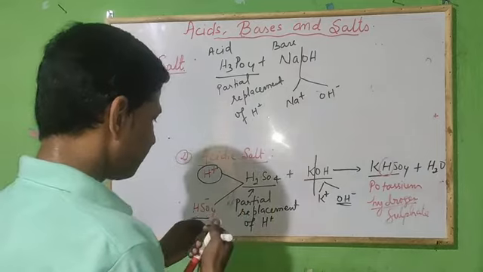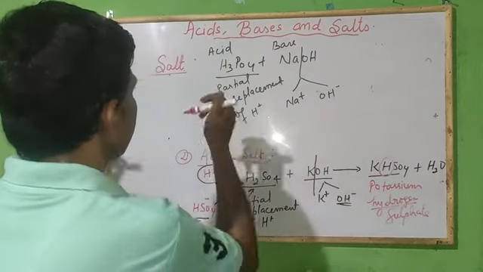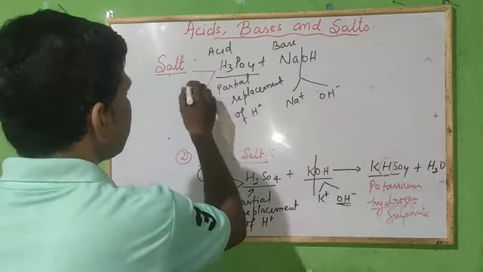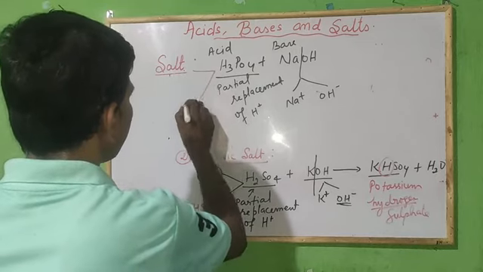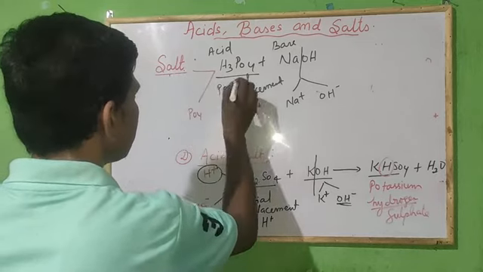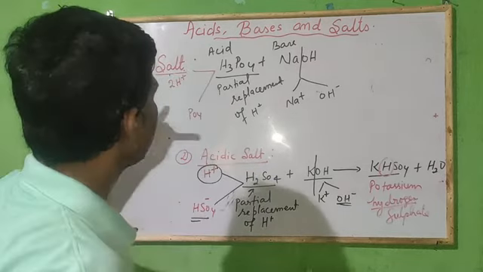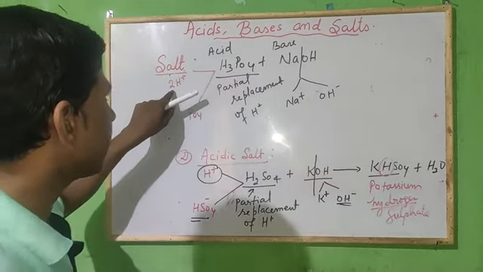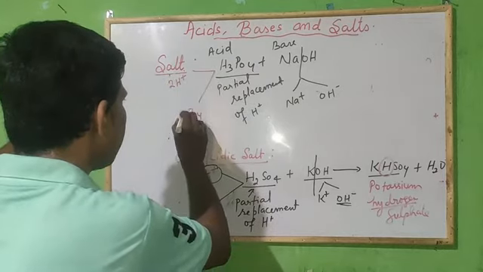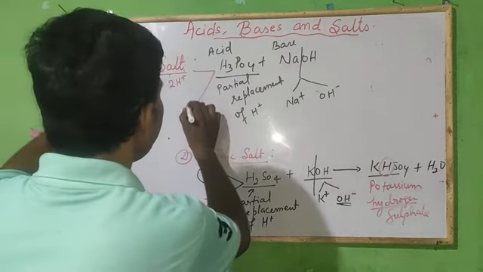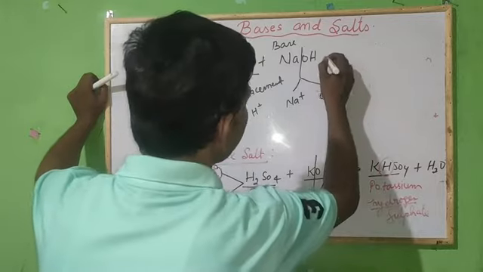Clear? So what will it form? It will form in this way: PO4 will form 2H plus. If 2H plus are replaced, then only one hydrogen remains, so HPO4 with a minus charge will be there.